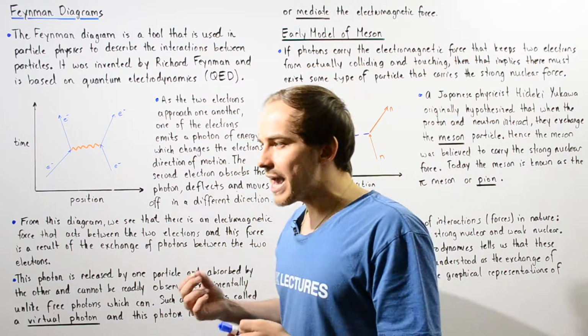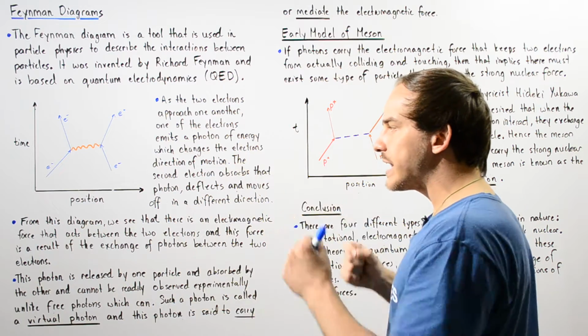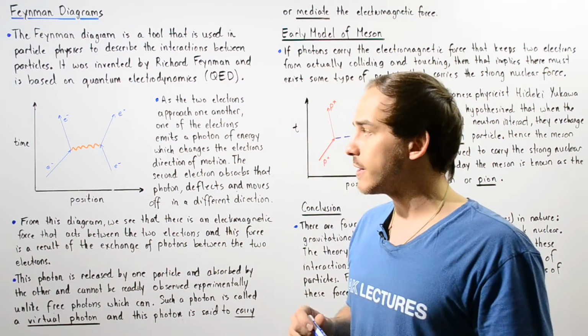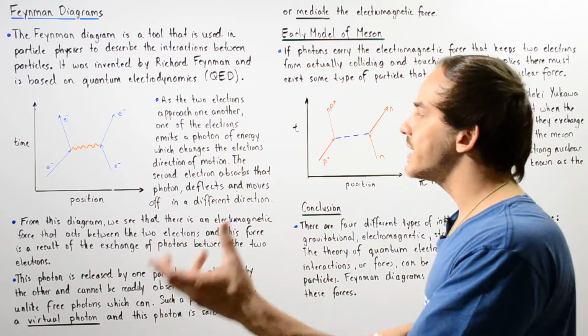So we see that in classical physics, we imagine this electromagnetic force to act over a distance, and we represent the electromagnetic force using fields, the concept of the electric and the magnetic field.